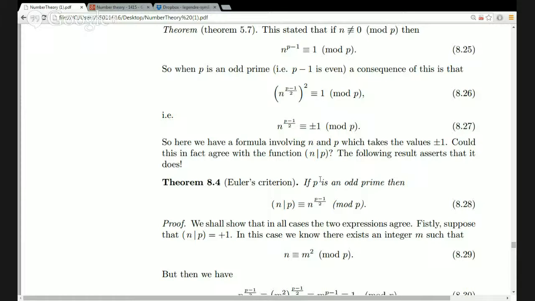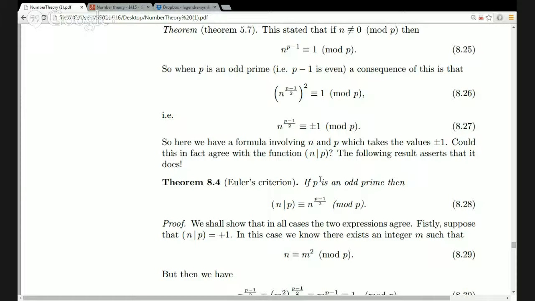Now that's really nice. Powers of -1 are easy to work out, aren't they? How do you work out what a power of -1 is? It's +1 or -1, depending on whether the power is odd or even. So this is equal to +1 when p minus 1 over 2 is even, and -1 when p minus 1 over 2 is odd. Powers of -1 are very easy to understand.